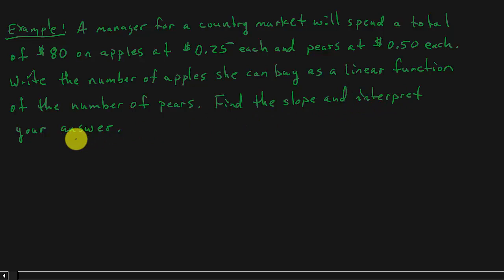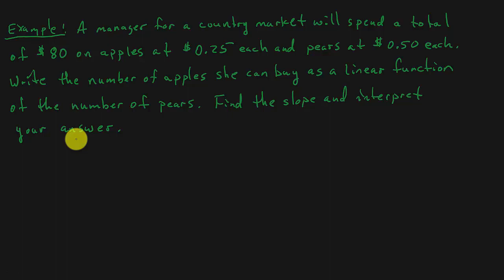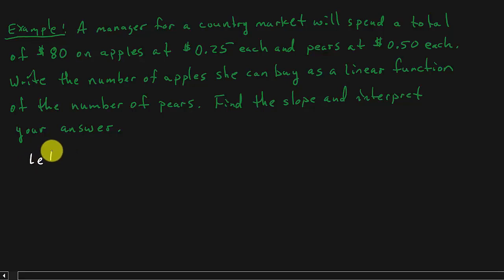All right, so well, let's come up with the equation of a line. So for this, we'll actually have to, this is going to be a standard form. So if I come up here and I say let A equal apples, okay?